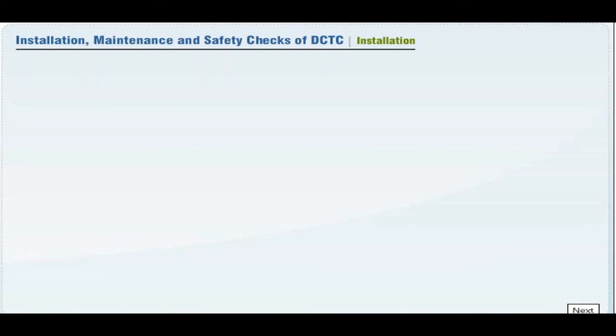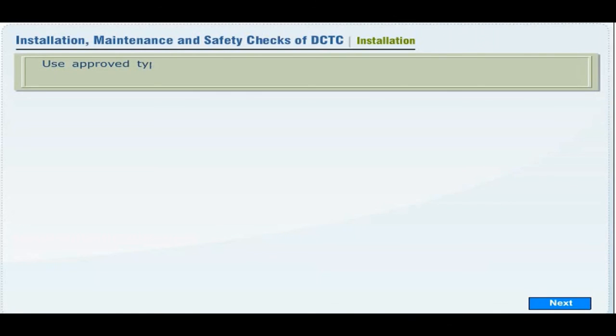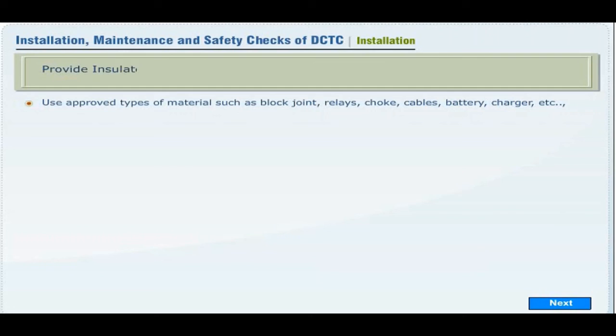Installation of DC track circuit. Use approved types of material such as block joint, relays, choke, cables, battery, charger, etc. Provide insulated rail joint as per SIP, Signal Interlocking Plan.